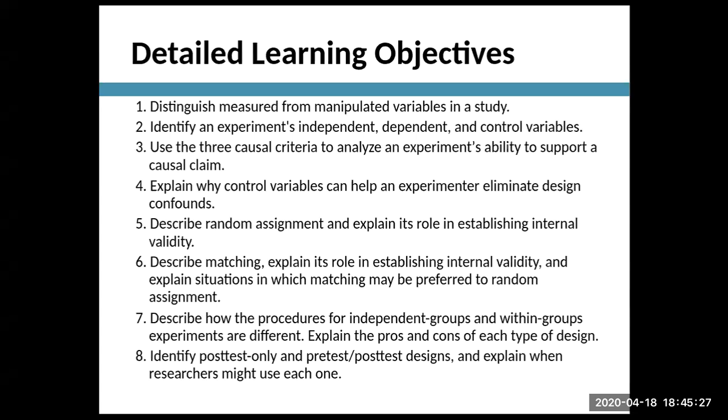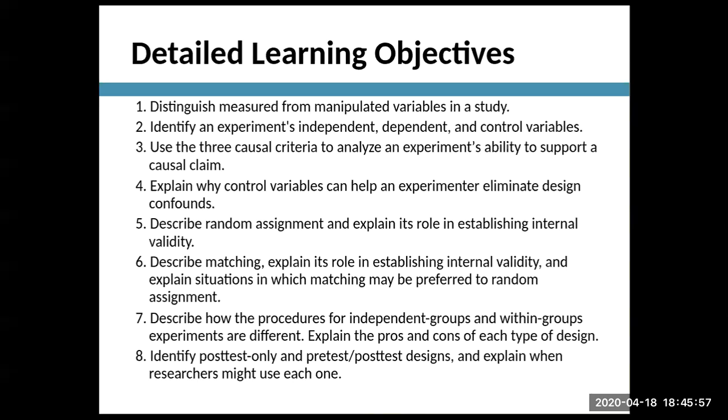So we will refer to these variables by their specific names. IV, or independent variable, which is the manipulated variable. Dependent variable, or DV, which is the measured variable. And anything else that could be compromising to this, we would want to control for. So we would call those control variables, and just to make sure that we all know the difference between them.